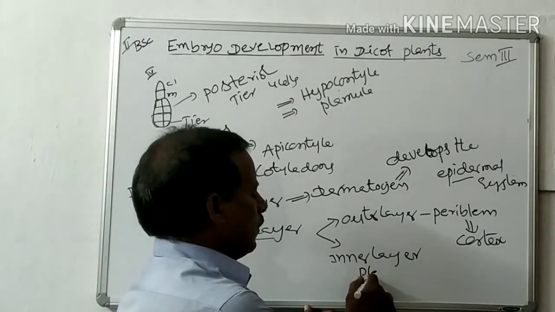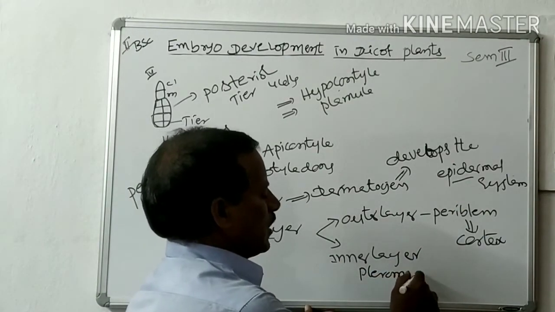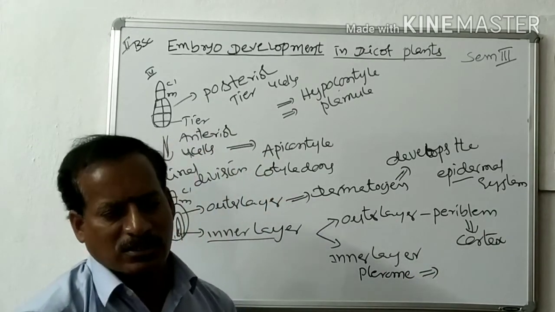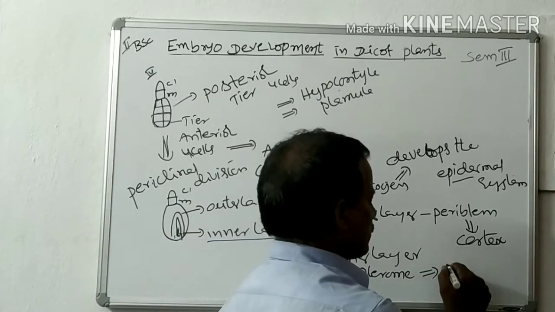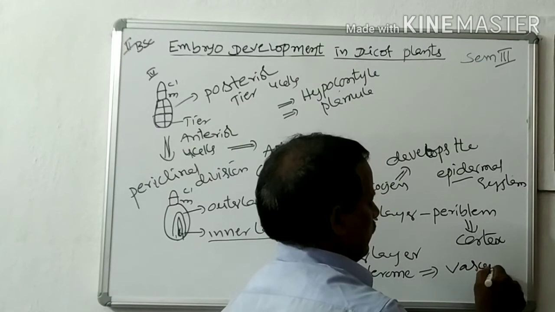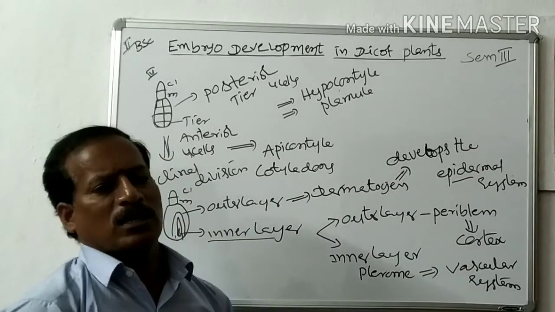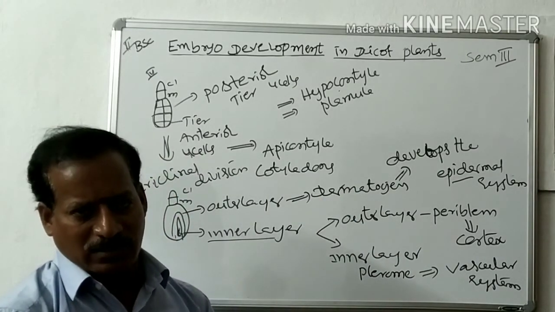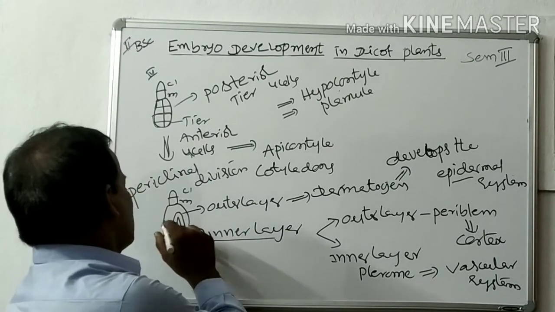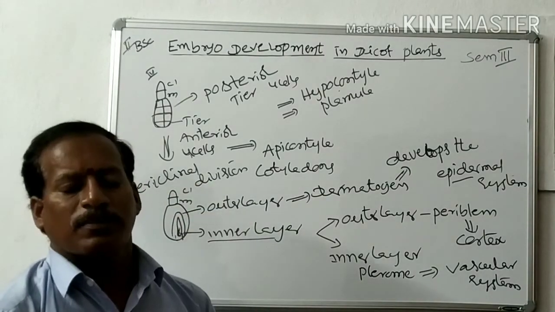The plerome develops as a vascular system or a stele. Okay, vascular system. So these are the developmental stages in the apical cells.